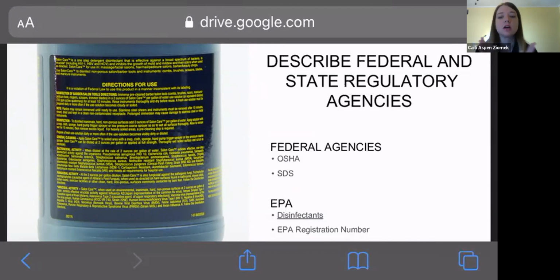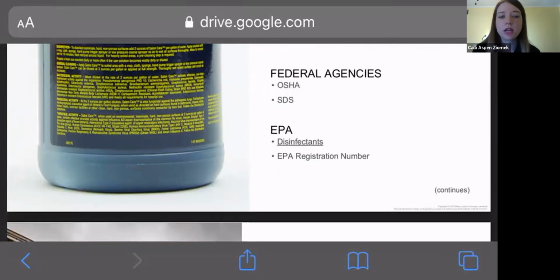Yes, so they are the Occupational Safety and Health Administration, Destiny. So they are the ones that decide how you are going to be safe at work. And then EPA decides what you are going to use while you are at work.